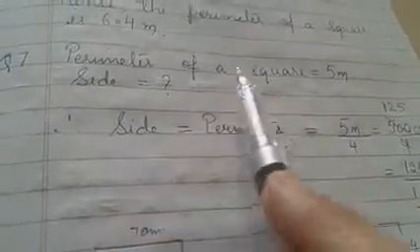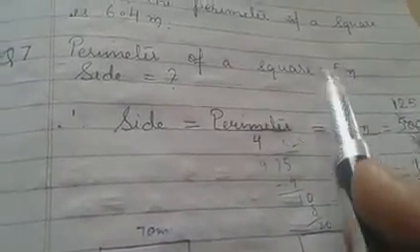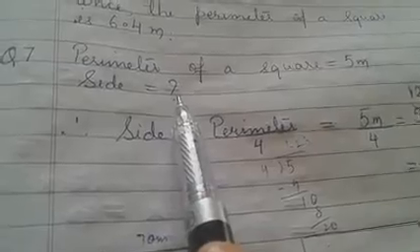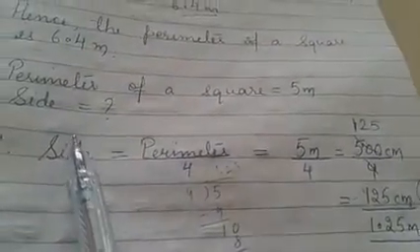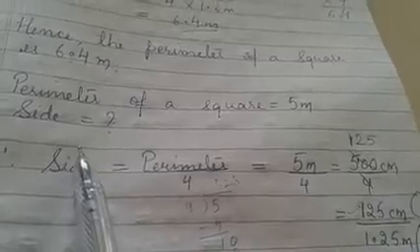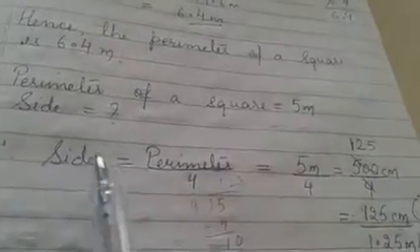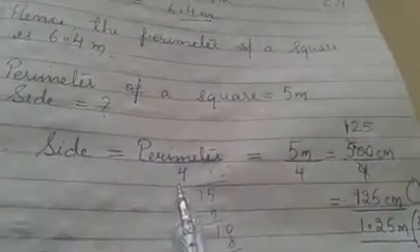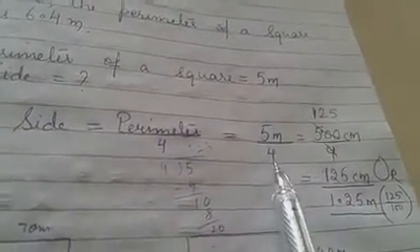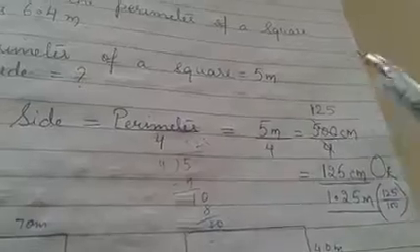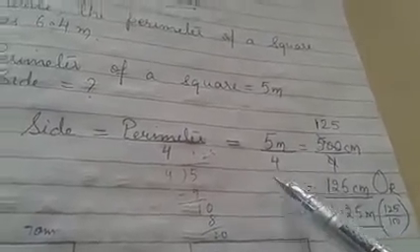Now here the perimeter of a square is given, 5 meter. Find its side. So what you know, at the starting of the video we have discussed the formula. In that, side is equal to perimeter upon 4. Okay. So perimeter is given 5 meter upon 4. It will be 1.25 something, right?